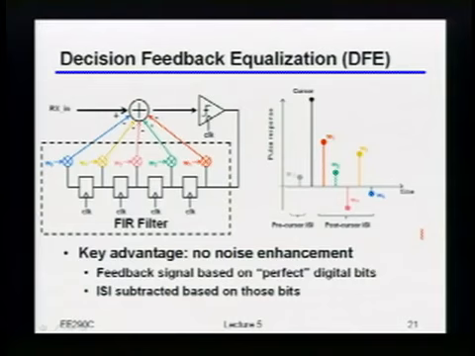Okay? So again, just to make sure this is clear, the reason why this is advantageous is that by doing this, you're not enhancing the noise at all. You're not multiplying the noise. The reason for that is that once you have a digital bit, that digital bit is just a digital bit. It's a 1 or a 0. So it has no information about what the noise was beforehand.